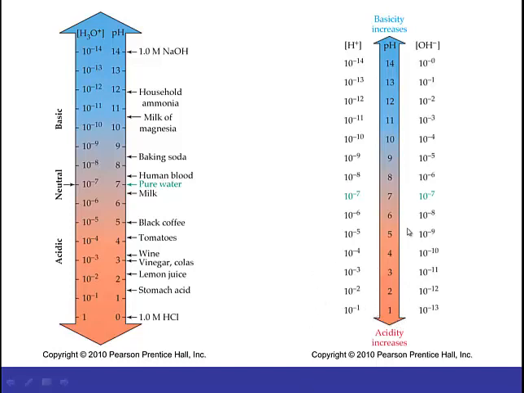So our pH scale tends to go from 1 to 14, and it reflects the hydronium ion concentration or the concentration of our protons, which is indicating our acidity at very high concentrations of the protons. So our acidity is going to be low pH numbers.